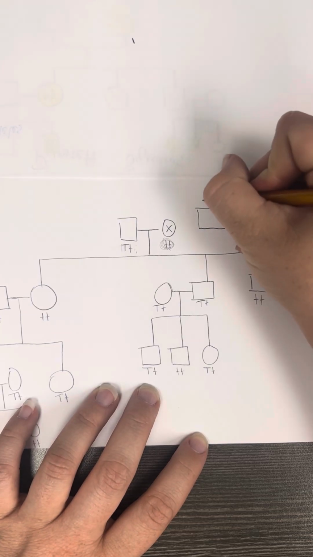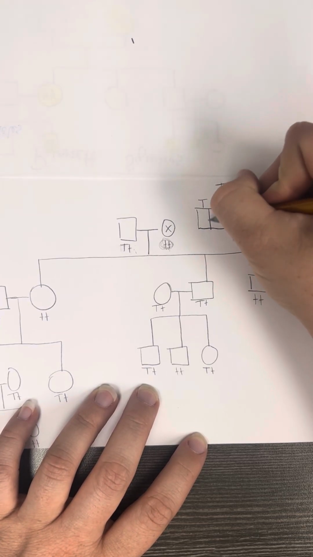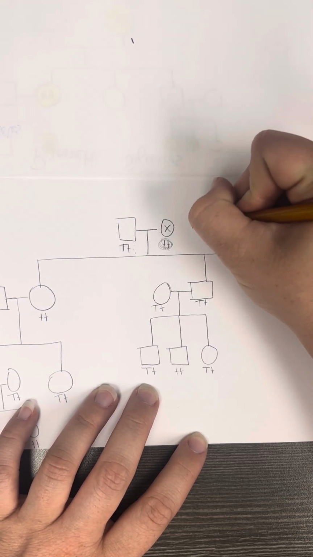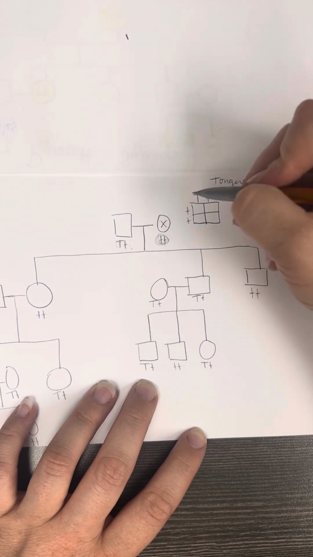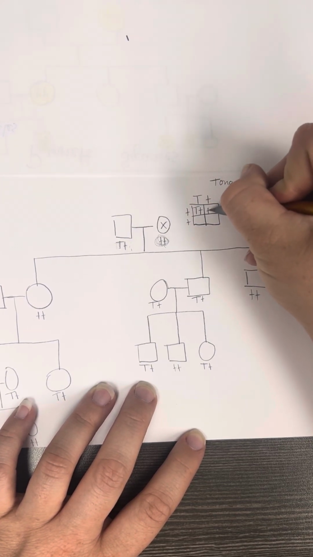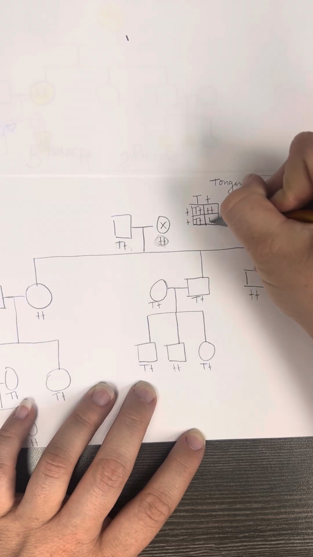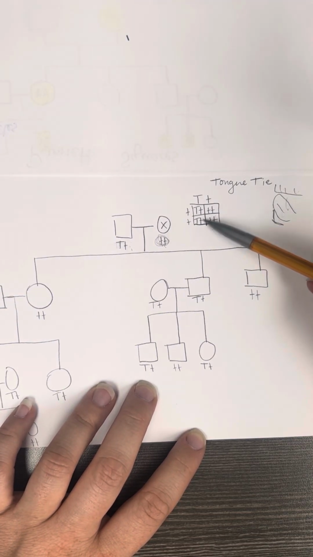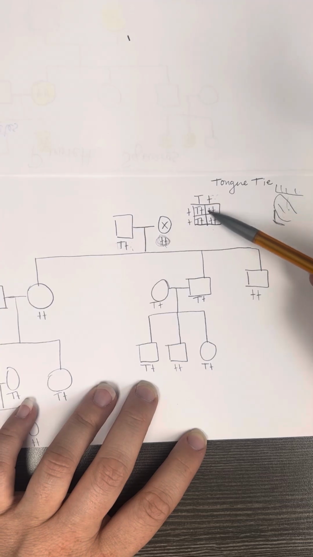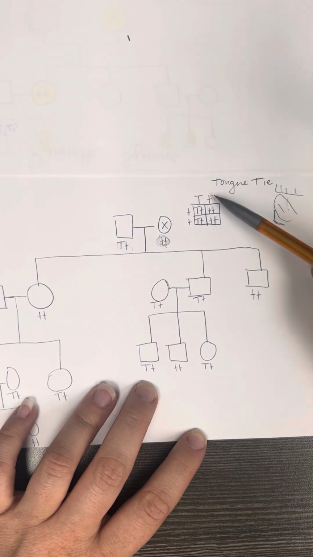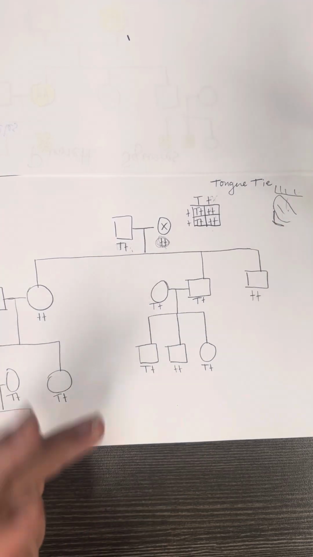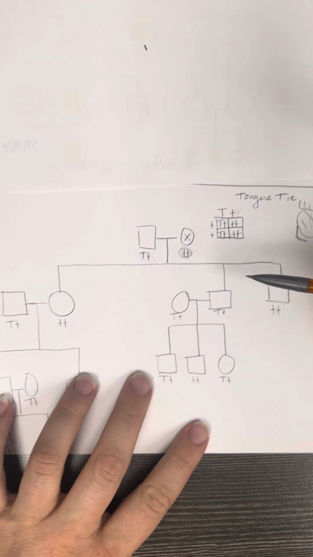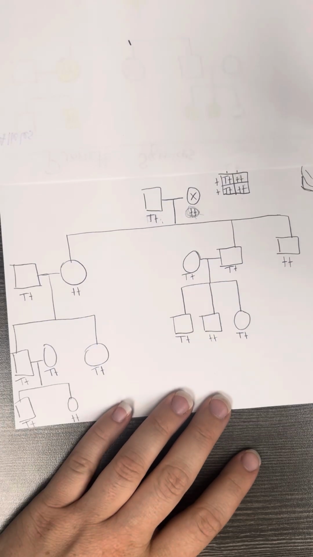Because if we look at this, we have dad and then we have mom, right? We have big T, little t, little t, little t. There's a 50% chance that their kids could have a tongue tie because dad carries that gene. Dad doesn't have a tongue tie, but he does carry it. So there's a chance that his kids could have it too, right? Because she has it.